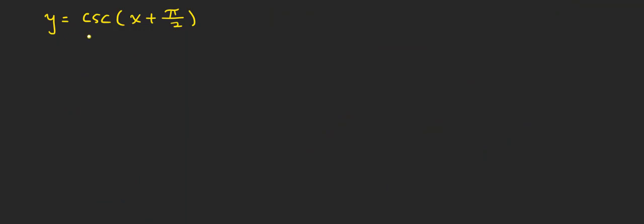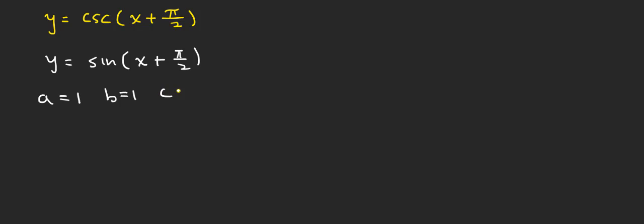So if you want to graph cosecant of quantity x plus pi over 2, you first want to graph y equals sine of x plus pi over 2. So what is A? A is 1, B is 1, C is pi over 2, and we don't have D. D is 0.